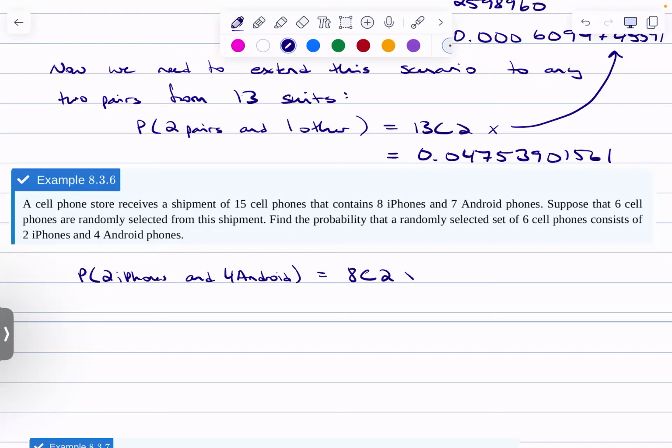And from the total Androids, 7, I need to choose 4. And from the total shipment of 15, I need to choose 6.